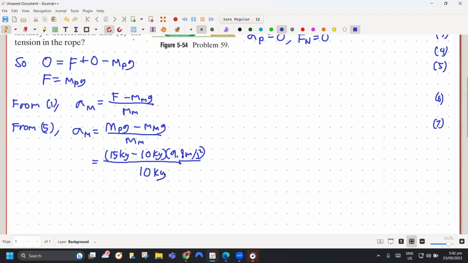So F is M sub P G. Substituting into equation 1, we have 5 and 6.